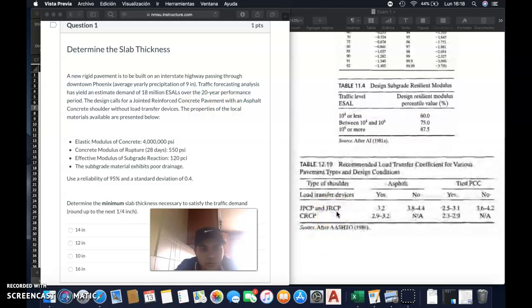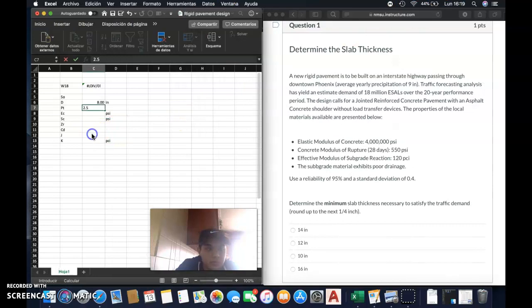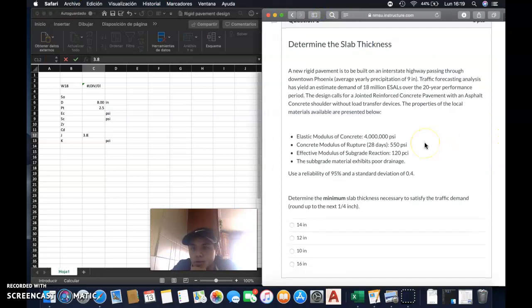The shoulder is asphalt, and we don't have a load transfer device, so the value here in this part is 3.8. What else do we have?